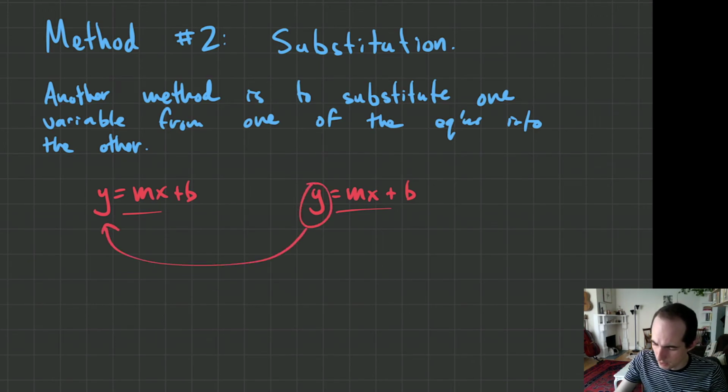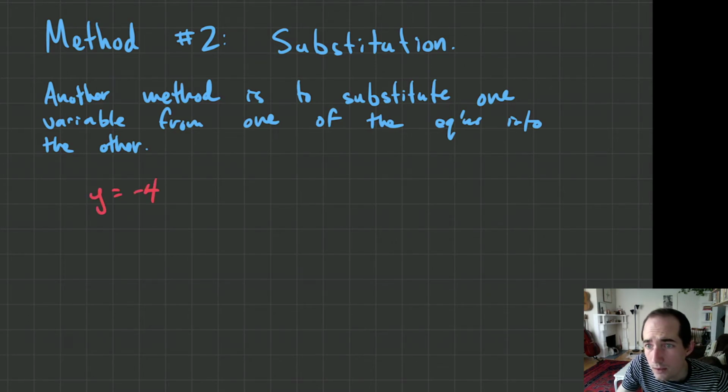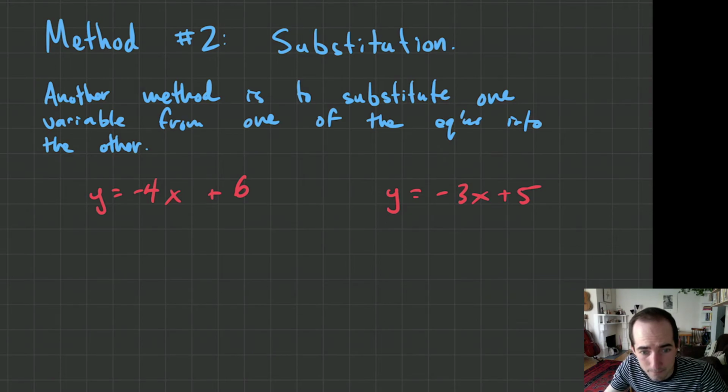It couldn't be any easier. So let's try y equals negative 4x plus 6, and y equals negative 3x plus 5.